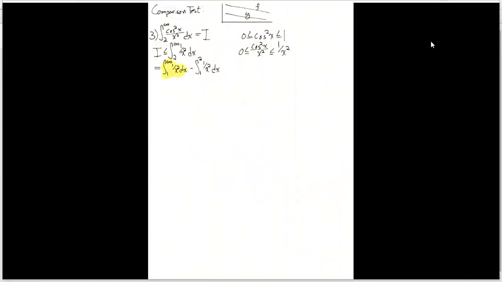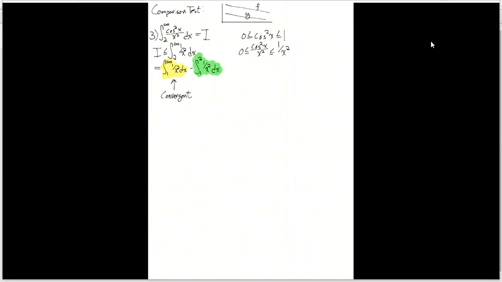That's a finite number, right? So we know this is convergent. Now looking at this second integral, what do we know about it? Well, it's properly defined from 1 to 2. There's no weird things happening.